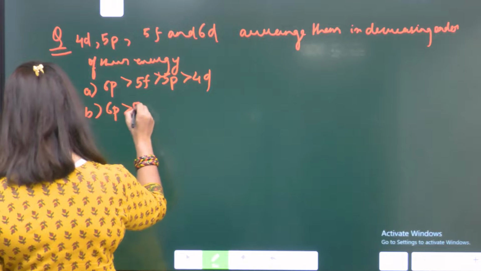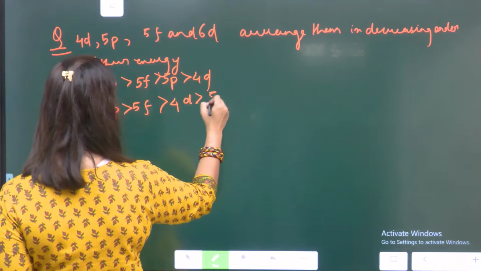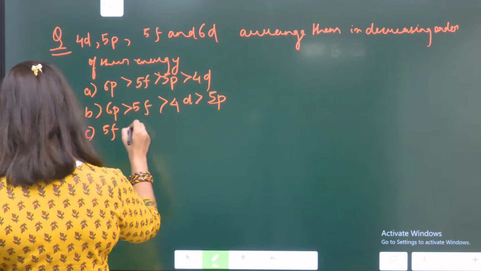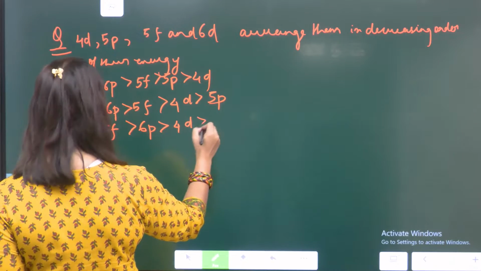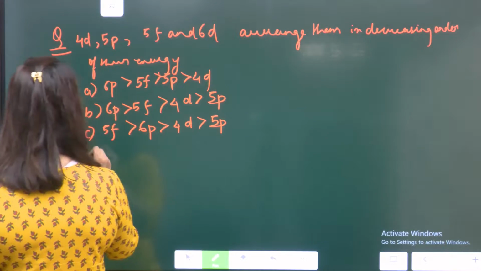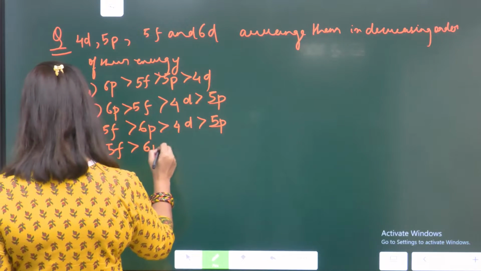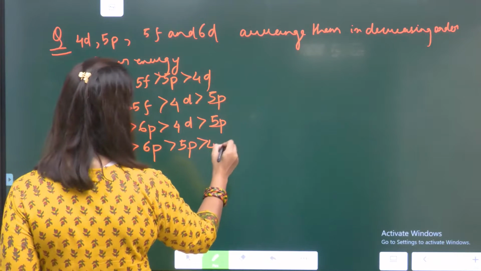6p, 5f, 5p and 4d; 6p, 5f, 4d, 5p; 5f, 6p, 4d, 5p; and 5f, 6p, 5p and 4d.